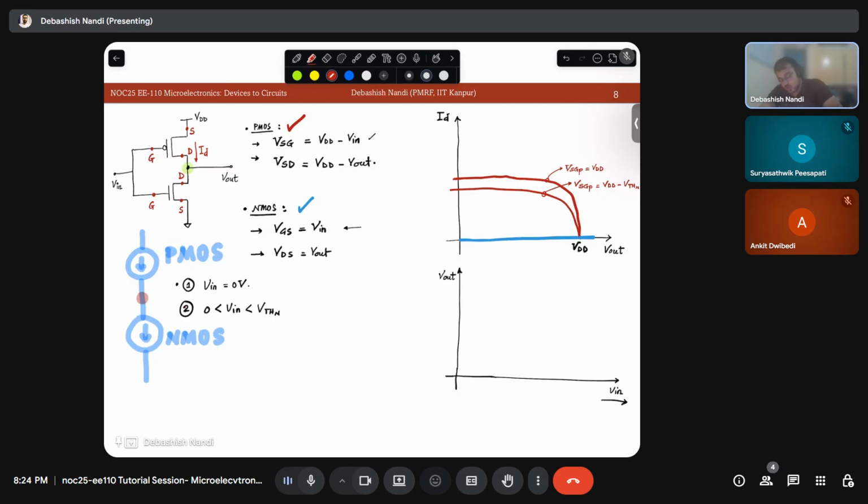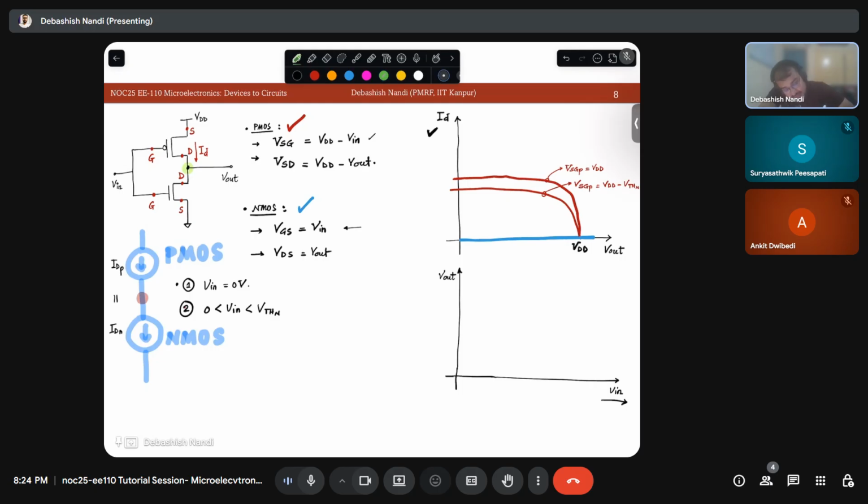I need to balance the two currents, right? IDP and this IDN will be equal because they are in series. So in this plot, I need to find out the intersection of the two currents, the blue currents or the NMOS currents and the red currents or the PMOS currents. Is that clear? Yes, sir. Okay, sir.